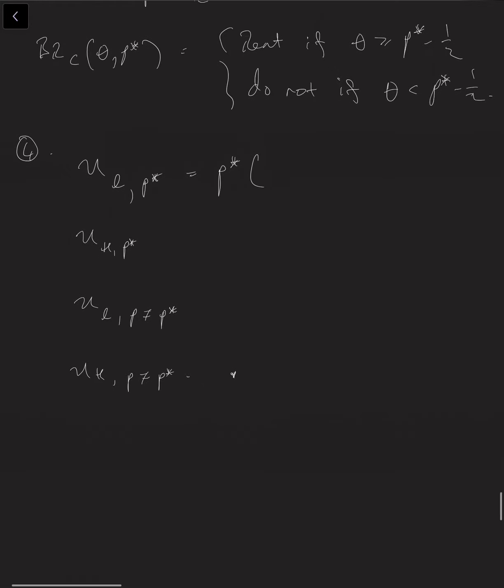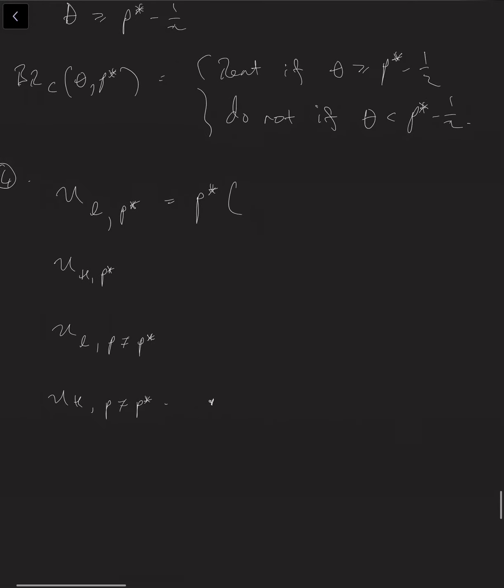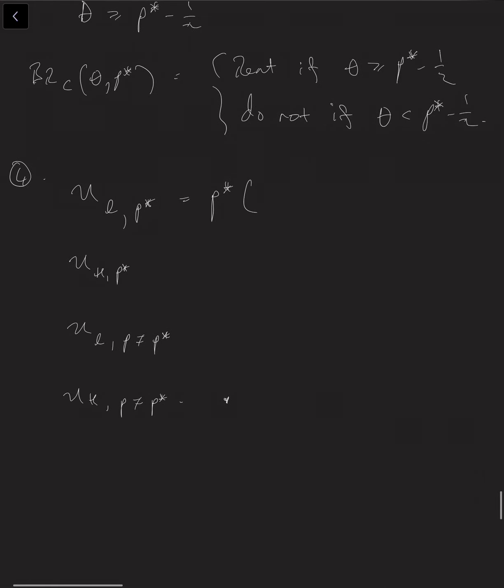It's only customers with type greater than P star minus half. So this has to be multiplied by the probability that theta is greater than or equal to P star minus half.